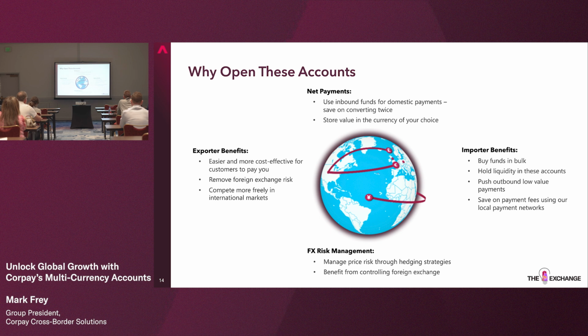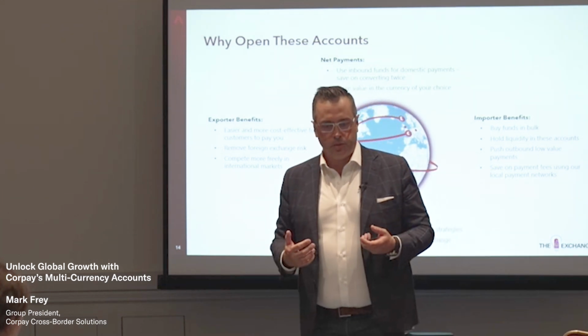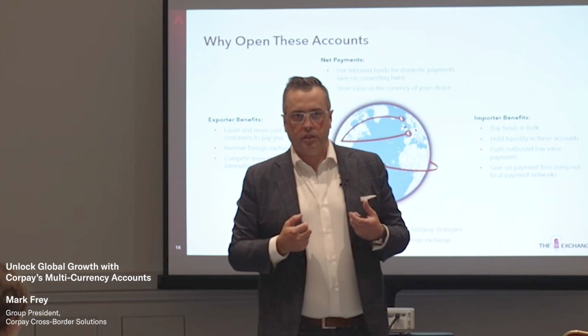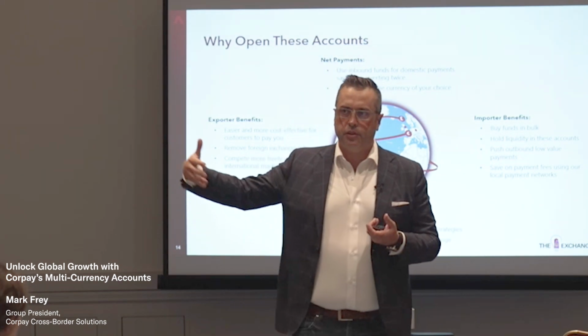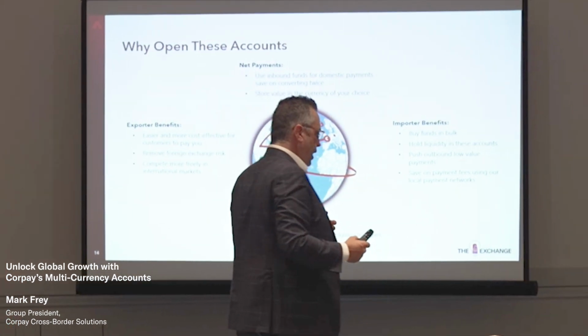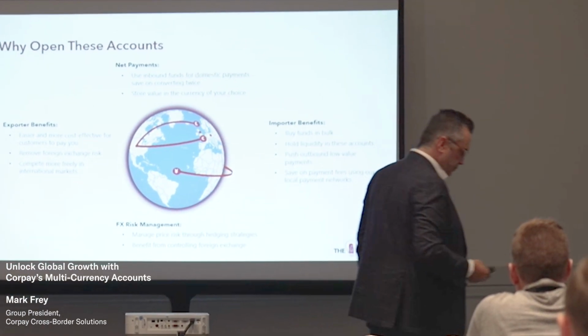So you have a customer that pays you at the beginning of the month, you receive €1 million, and you know that you have AP to process in the middle of the month. Rather than converting all those funds into US dollars and then buying them back 15 days later, which is obviously inefficient from a market perspective, you can simply receive those euros into that account, wait till the middle of the month, and push out those outbound payments to self-fund those transactions.